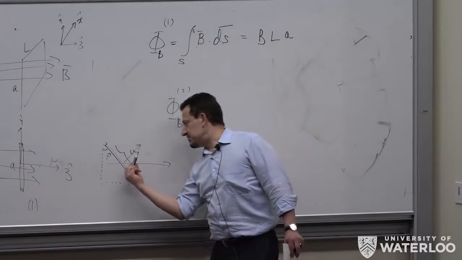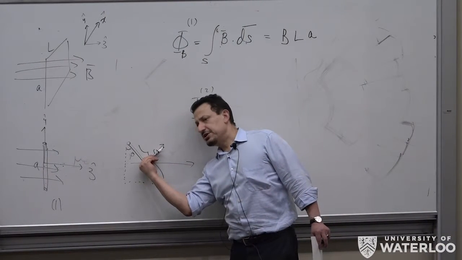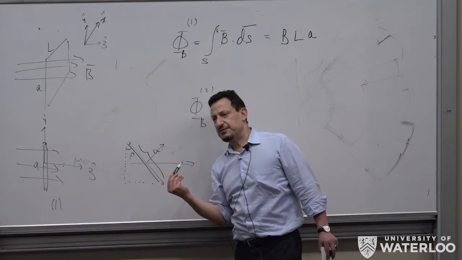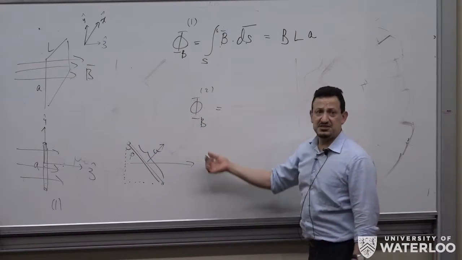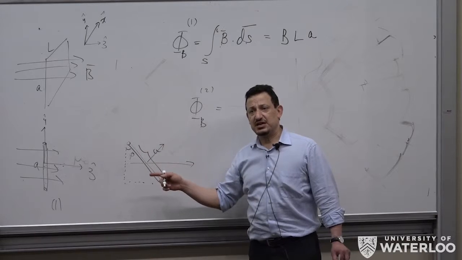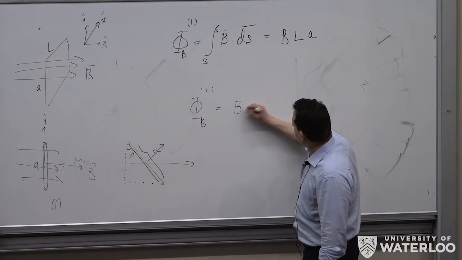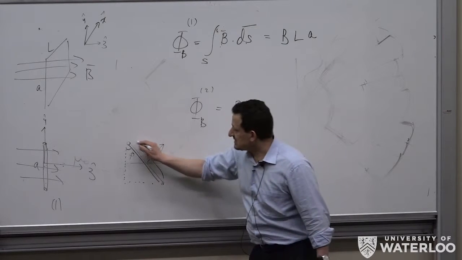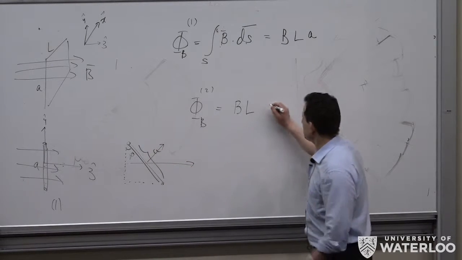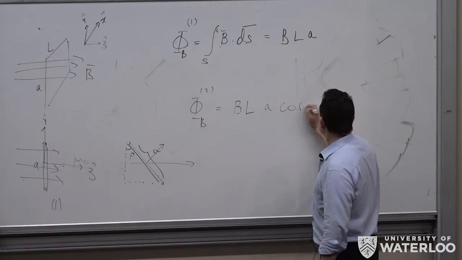The vector of the surface is always perpendicular to the surface itself. This is easy math because this is a rectangular loop. So I'll end up with B, L, and A cosine theta.